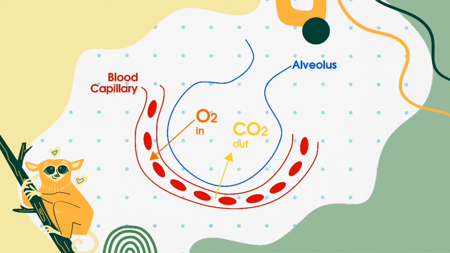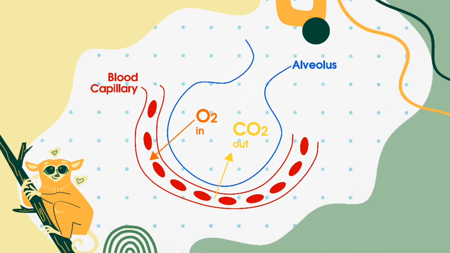At the end of each alveolus, we have numerous blood capillaries, which help to convey blood from the heart and to receive oxygen at the alveoli. So the alveoli are rich in oxygen, and the oxygen diffuses into the blood capillary through the process of diffusion.